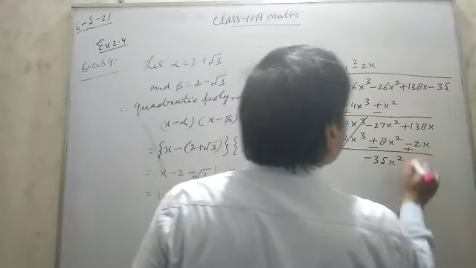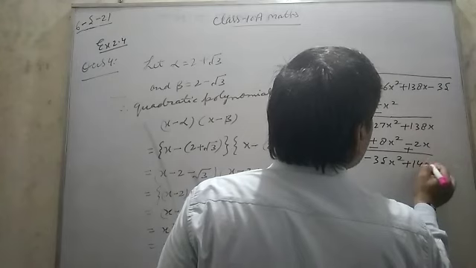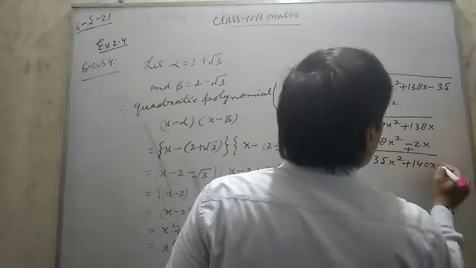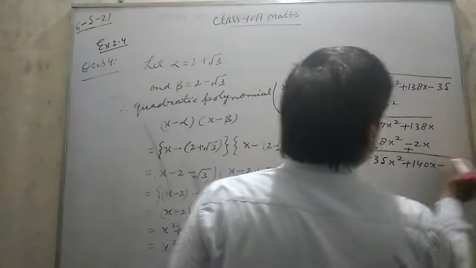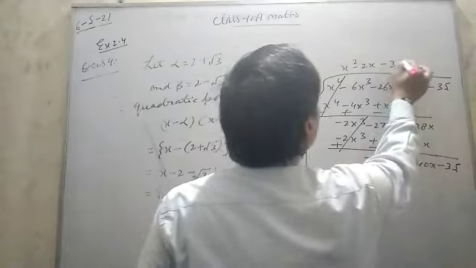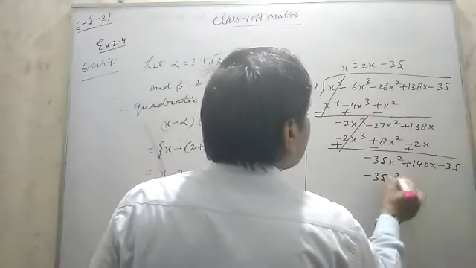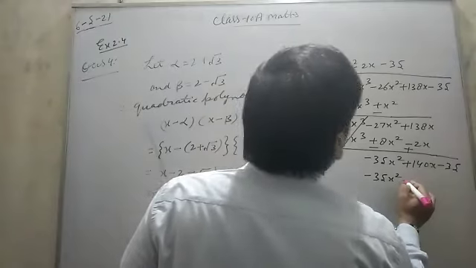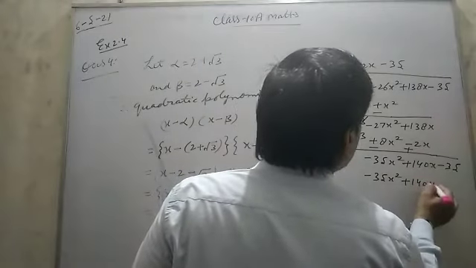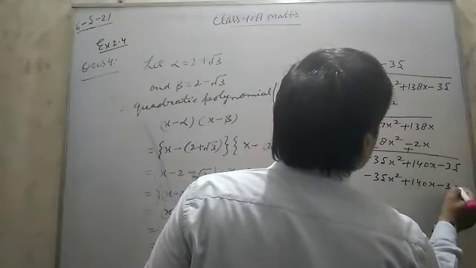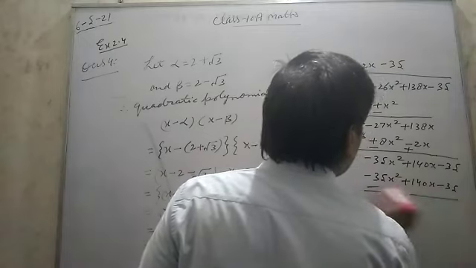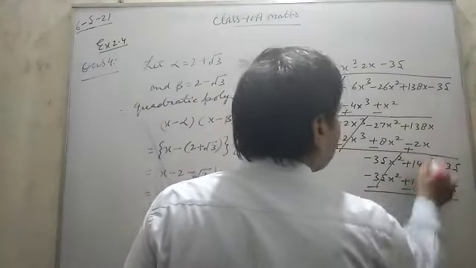Then minus 35x square plus 140x, and minus 35 multiplied gives minus 35x square plus 140x minus 35, then subtract it.